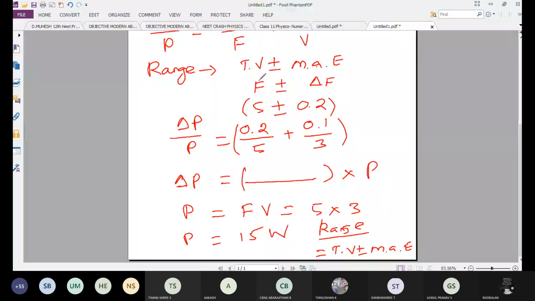Everyone try the calculation. 0.07 multiplied with the P value 15. 1.1.